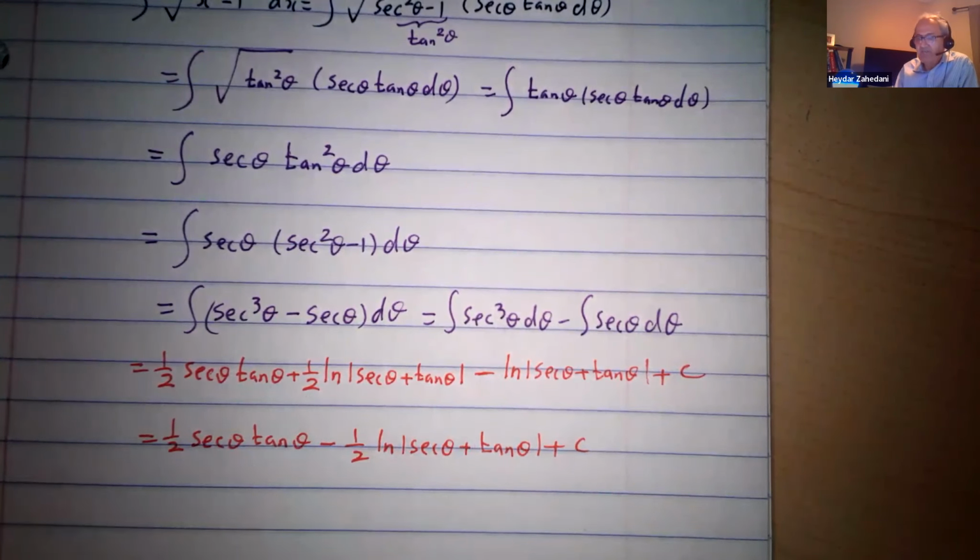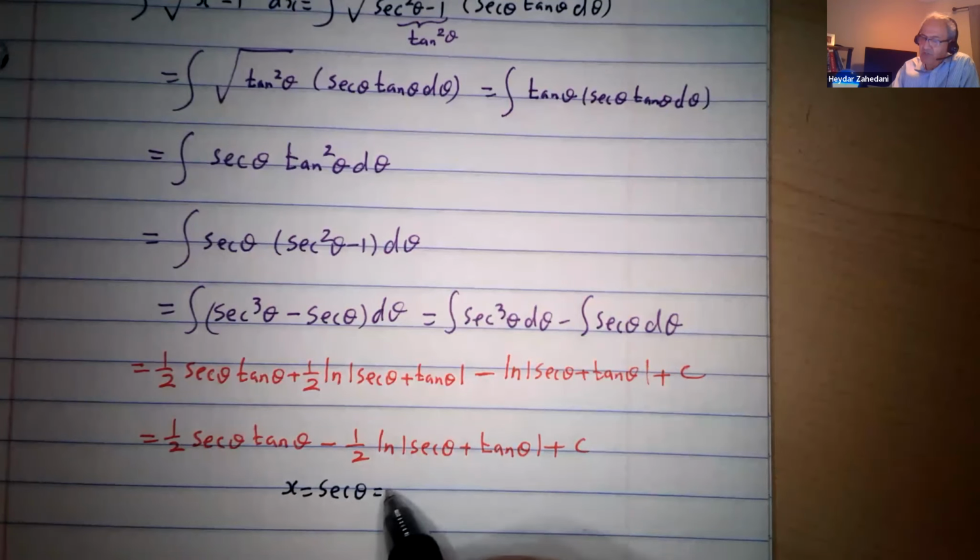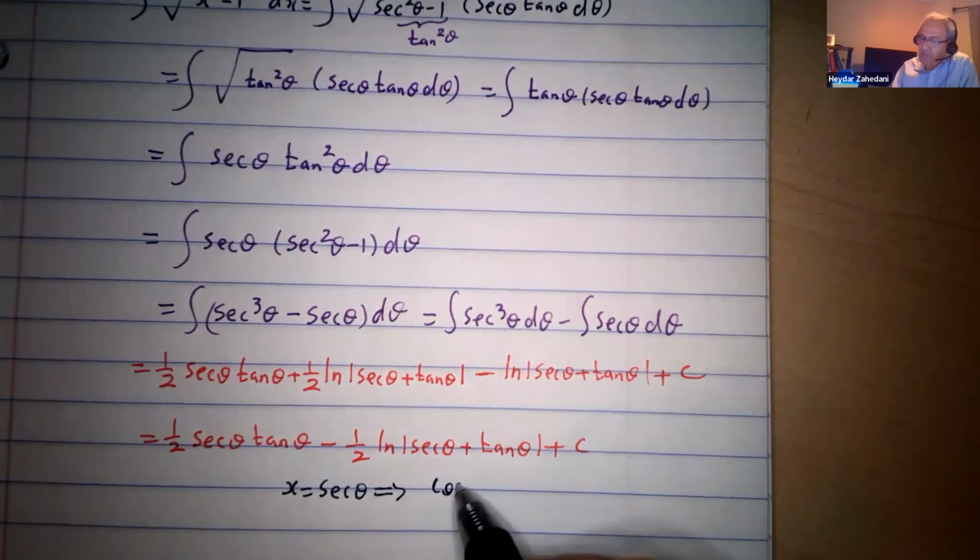You bring the secant back, which is easy in this case because x was secant of theta. This means use the reciprocal, which gives you cosine of theta, which is going to be 1 over x.